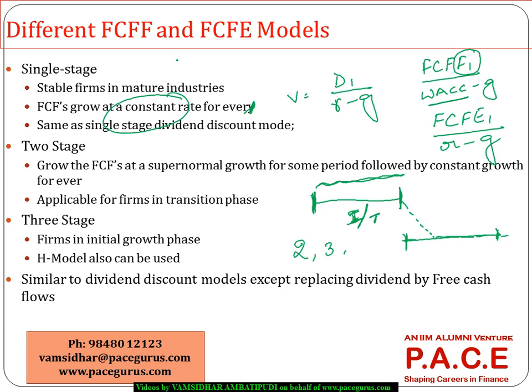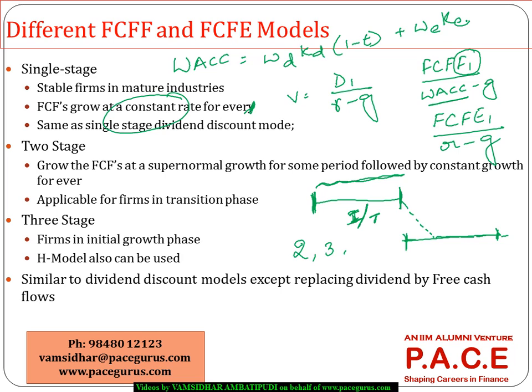Just as a quick revision, weighted average cost of capital is weightage of debt into cost of debt post tax plus weightage of equity into cost of equity. This will give me the weighted average cost of capital, and I can forecast the FCFFs and FCFEs for the next few periods, and based on that discount them to the present value using the appropriate growth rates.